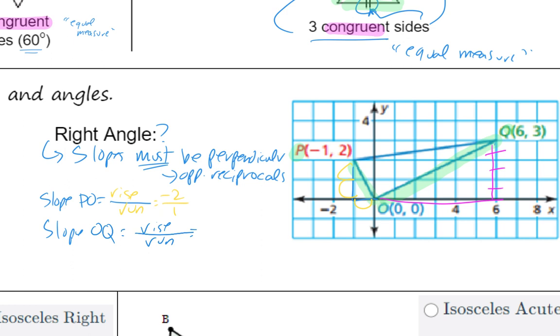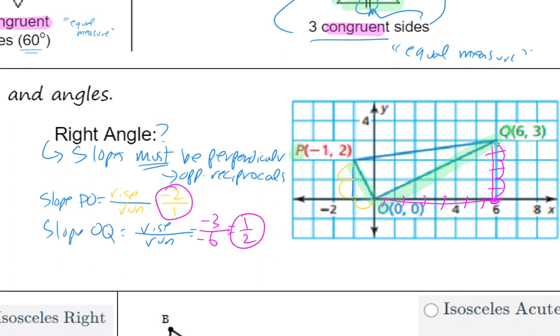Since we're going down, let's call that negative 3. And then from that corner we're going to go to the left: 1, 2, 3, 4, 5, 6. Since I'm going to the left, that's negative. So that reduces to positive 1/2.